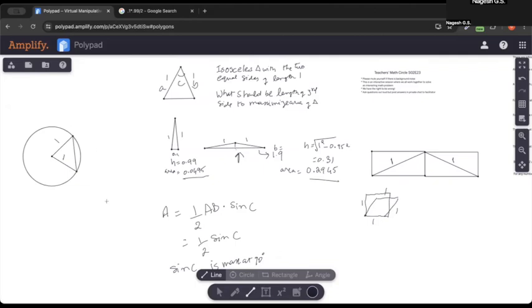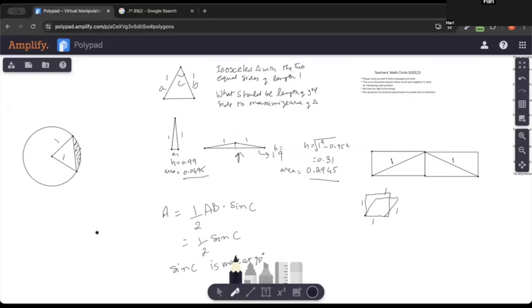The other interesting thing is I was looking at the other piece of the circle, which is not part of the triangle. In order to maximize the area of the triangle, that piece should be less.